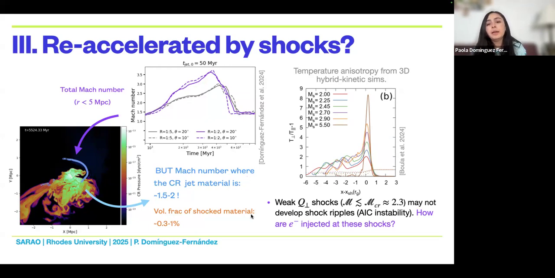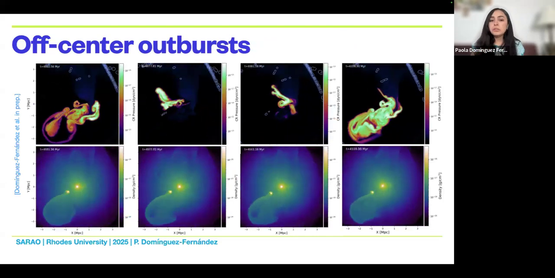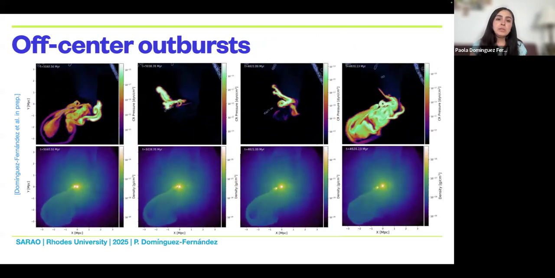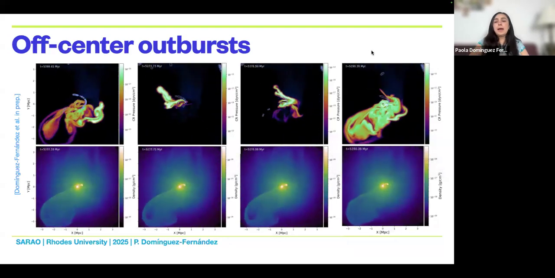Another possibility is to take a look at what happens if the contribution of an AGN is not necessarily just at the center of the cluster. So what happens if you have a radio galaxy somewhere far away from the center? This is something that is really preliminary, but we are trying to take a look at that as well. As you can see over here, this is again the cosmic ray pressure projection maps.